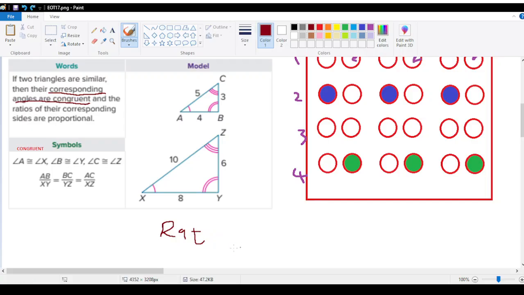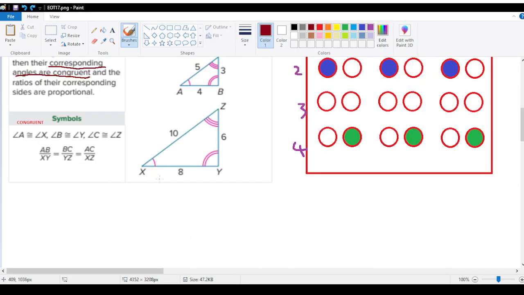What do I mean by that? Look, let's take two names. Let's take AB. I'm going to write it here so you understand. So AB, we are going to divide that by, now AB, what is the corresponding letter for A from the other triangle?